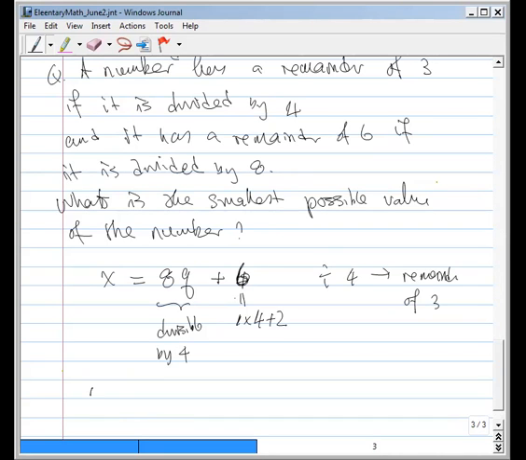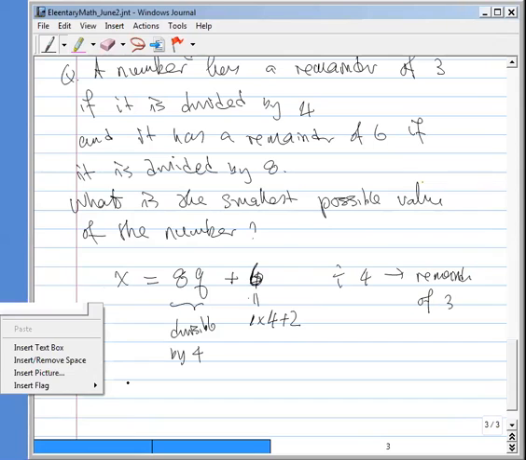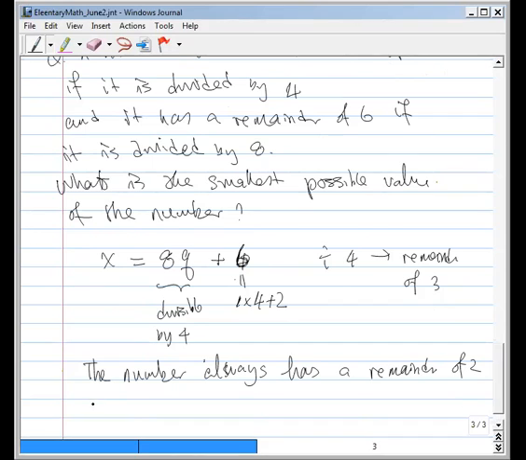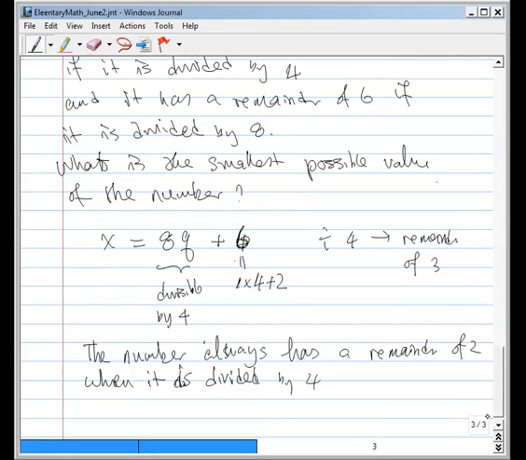Okay, so if this number meets the second requirement, it always has a remainder of 2 when it is divided by 4, okay? As long as it meets the second condition.